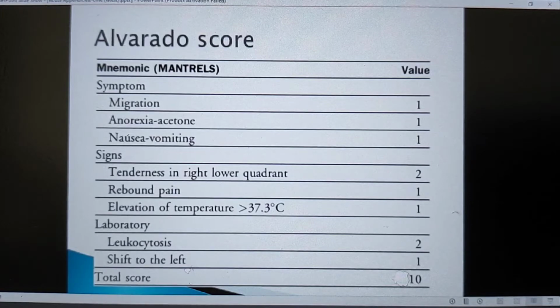For signs, we look for tenderness in the right lower quadrant of the abdomen, rebound pain, and elevation of temperature more than 37.3 degrees Celsius. For laboratory, there is leukocytosis, or a shift of white blood cells to the left, say neutrophils more than 75% of the white blood cells. The higher the Alvarado score, the more suggestive of appendicitis.